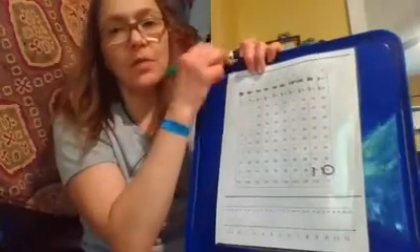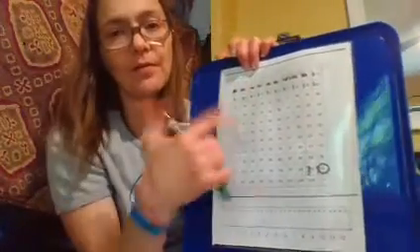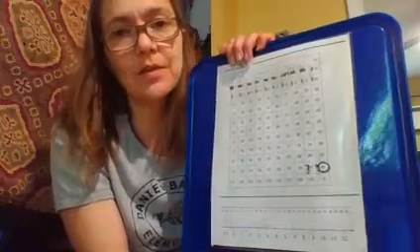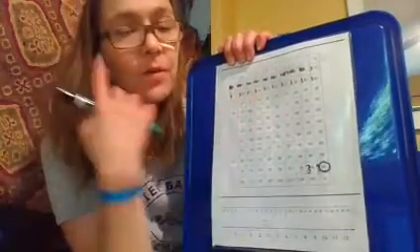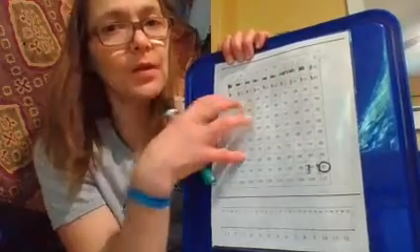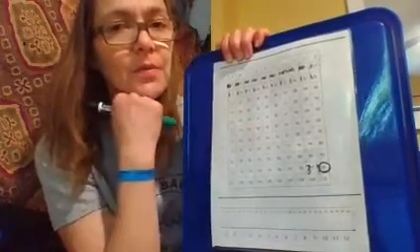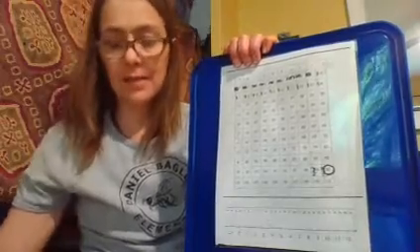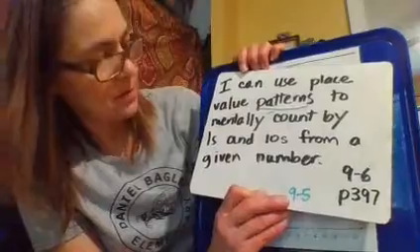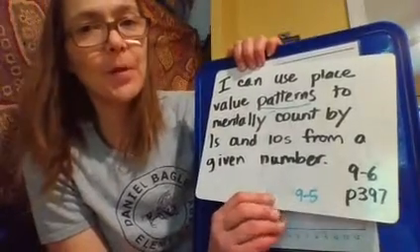And that's why you don't need a 100s grid for every single hundred up to 1,000, because you can either write on it or you can visualize it to help you do your counting by 1 and 10 from any given number.